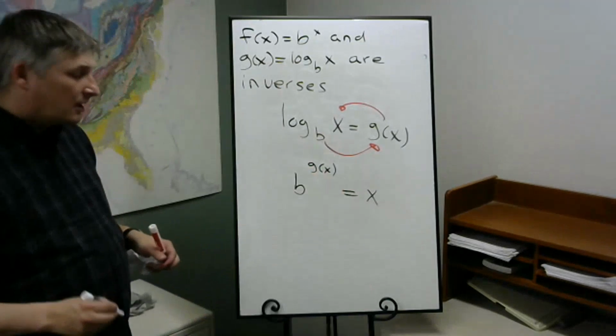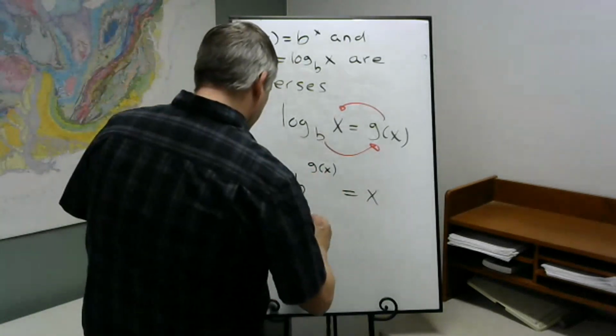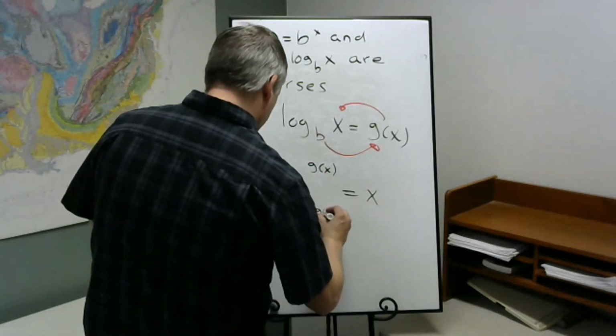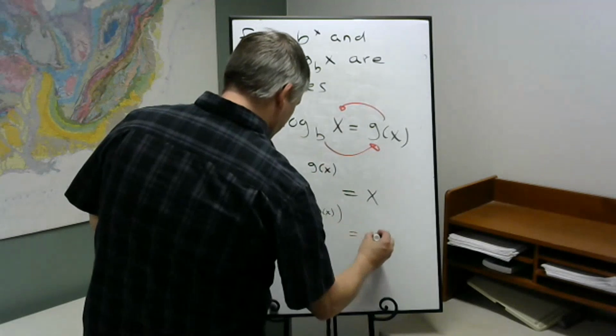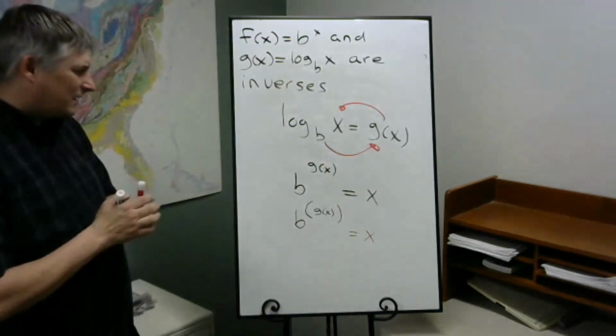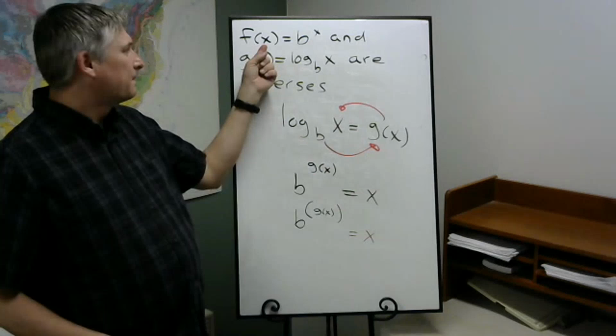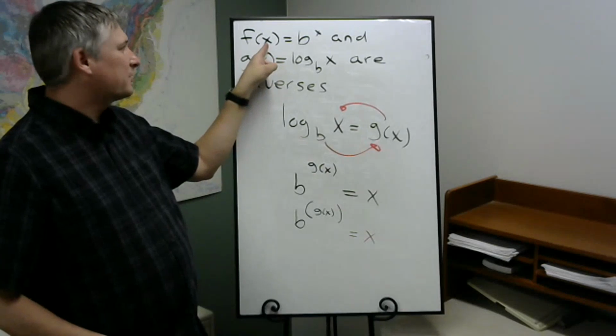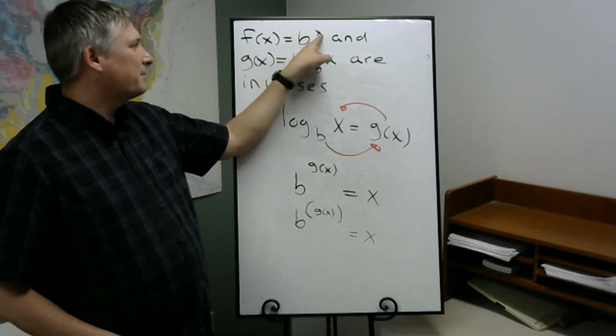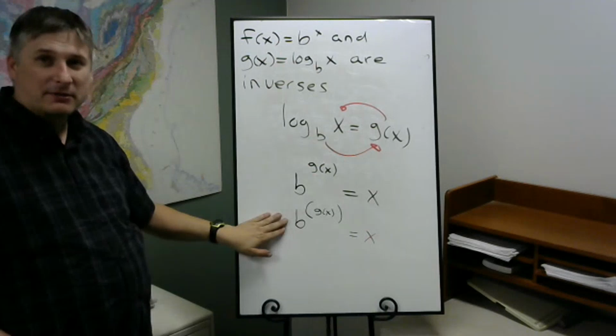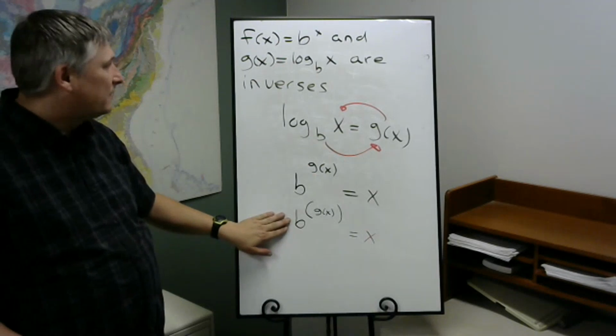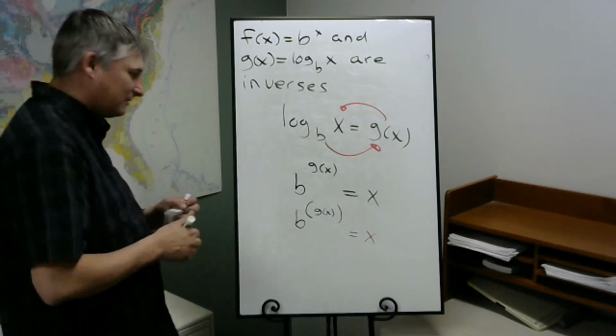All right. But keep in mind, if we took f of x here, replace the x with g of x, that would put g of x up here like we have. So this is just f of g of x.